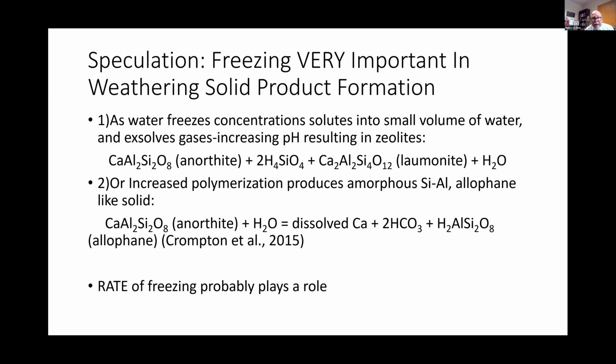Or we get an increased polymerization, as pointed out earlier, and we form this amorphous aluminum silicate type material that was suggested by Crompton et al. in 2015, which is that second equation. But we also assume that the rate of freezing probably plays a major role in how much of this material is formed and what type of chemistry of this solid we end up with.